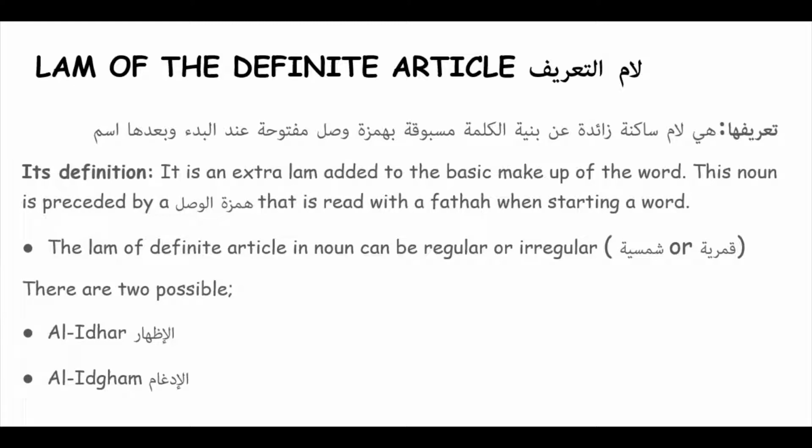It is an extra lam added to the basic makeup of the word, and this noun is preceded by a hamzatul wasl, that is read with a fatha when starting a word. So don't let us mix it up. Hamzatul wasl is read with fatha in a noun.